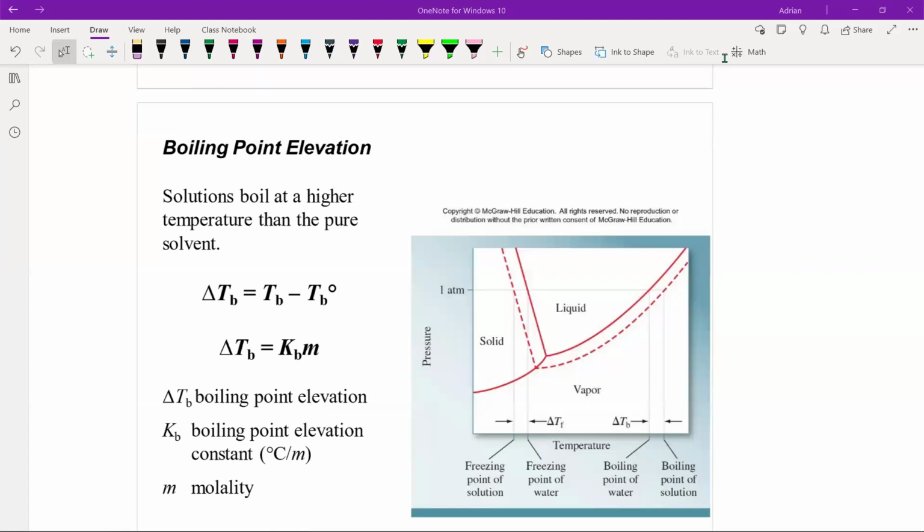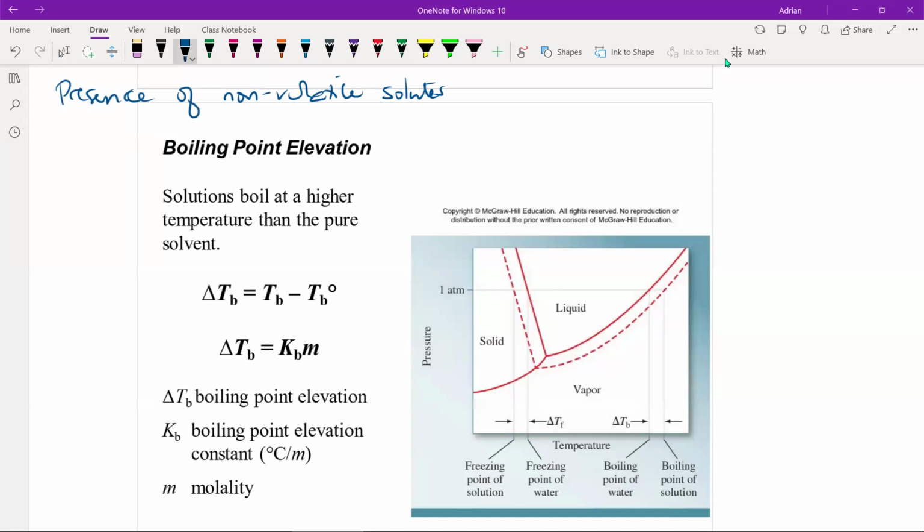Next thing we're going to take a look at is how the presence of particles, specifically non-volatile solutes, affect the boiling point and also the freezing point of a solution.